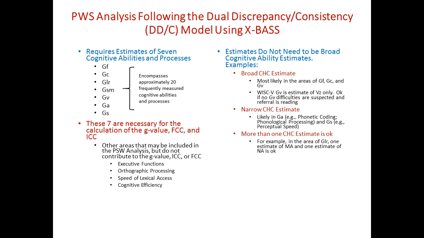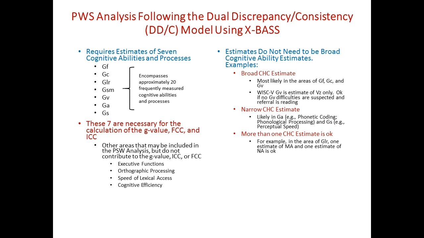More than one CHC estimate is okay as well. This happens a lot in the area of GLR because learning efficiency abilities are very different than retrieval fluency abilities. So oftentimes you may have a learning efficiency composite, let's say made up of associative memory and meaningful memory, and then a retrieval fluency composite made up of naming facility, ideational fluency, or word fluency.